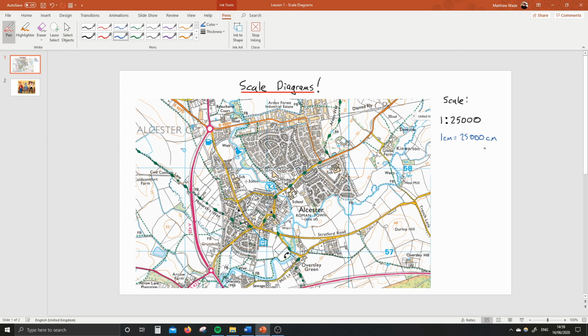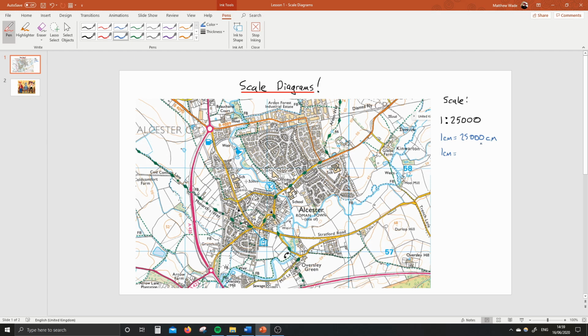Now, that's a bit weird because you wouldn't measure distances in real life in centimeters, because every time you take a step, it's loads of centimeters. So here's what we can do. Let's keep this 1 centimeter bit the same. And on this side, instead of having 25,000 centimeters, I think we should turn the centimeters into meters. So, who thinks they know it?